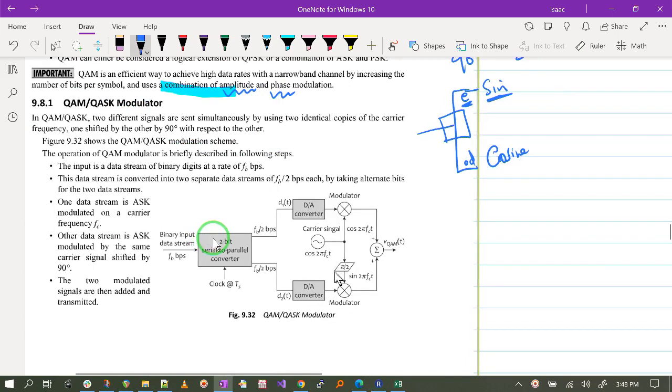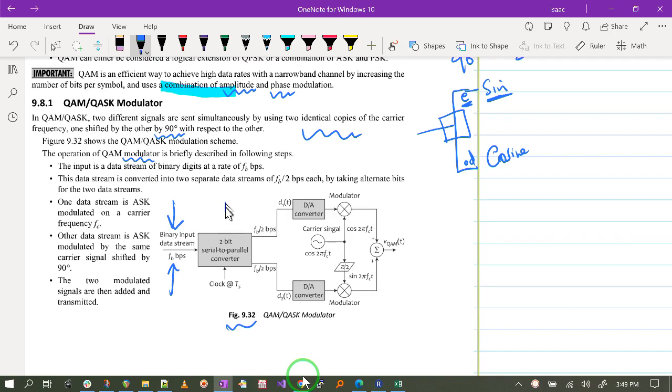So for a modulator, which is rather simple, we say that two different signals are sent simultaneously by using identical copies of the carrier. The two carrier signals are identical in frequency, but one is 90 degrees out of phase from the other. In figure 9.32, we are able to see that sample modulator, in which we have the input binary stream arriving at a rate of FB bits per second.